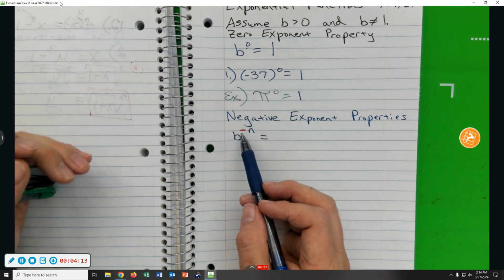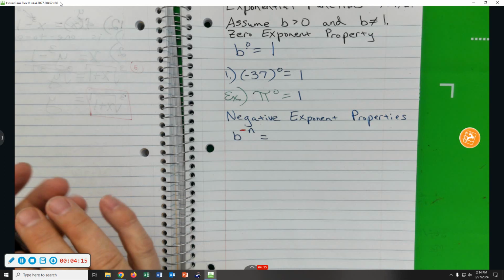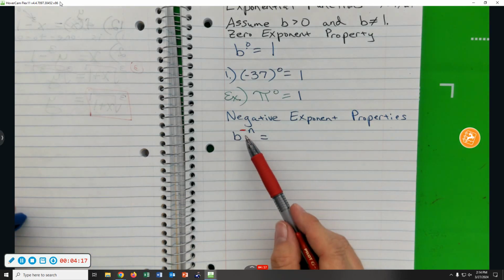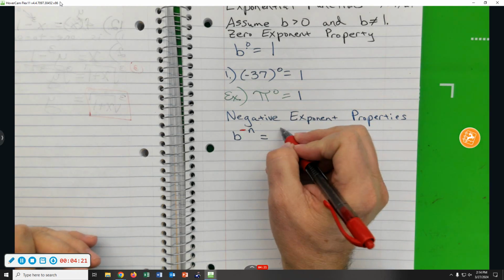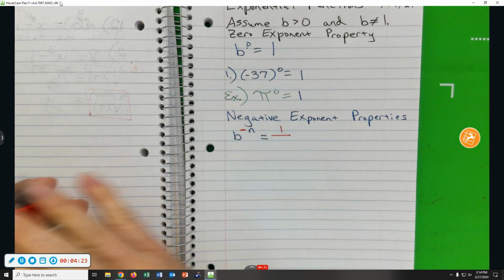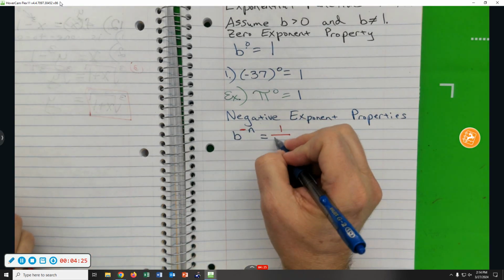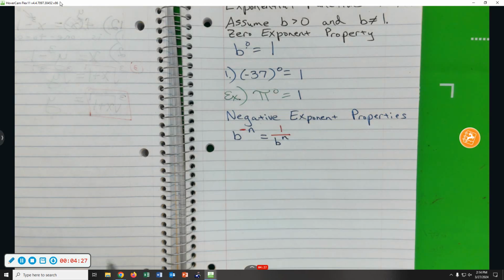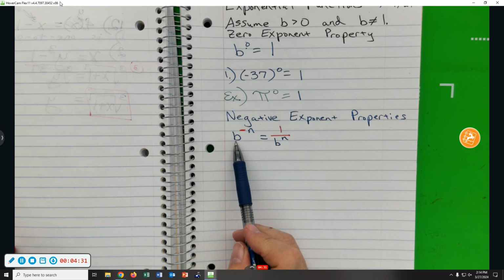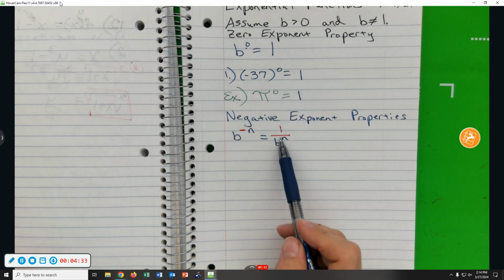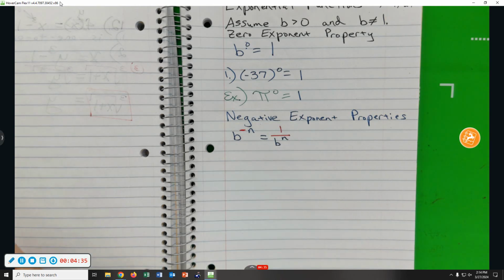A negative exponent is another way of expressing a reciprocal. You can write the base to a negative exponent as 1 over the base to the positive exponent. That negative exponent means you're looking at the reciprocal of the base to the positive power.